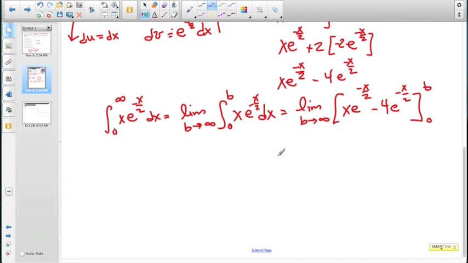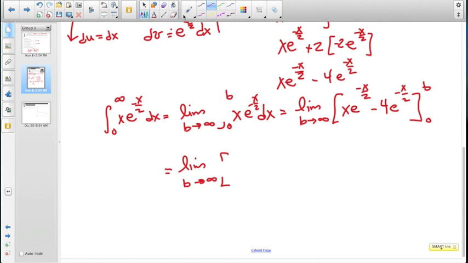And so as we evaluate that, the limit as b goes to infinity, we're talking about b times e to the minus b over 2 minus 4 e to the minus b over 2.